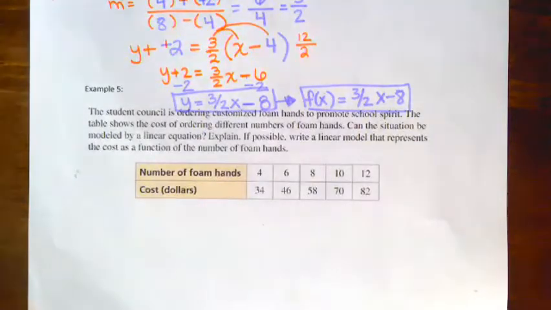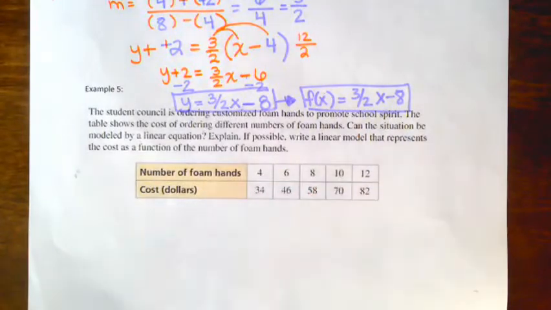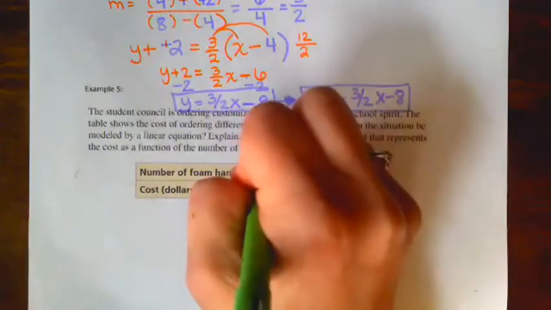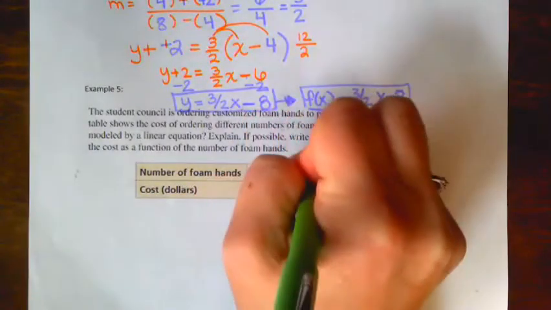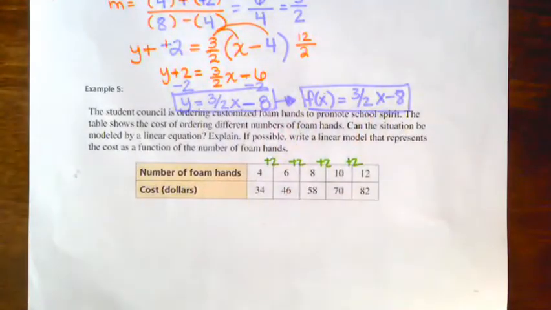Okay. All right. So if you look at a table right off the bat, what do you guys notice about the number of foam hands? Without even reading anything, what do you notice about those? Constant. They're increasing by 2. 2 every time. Great. What do we notice about the y coordinates?